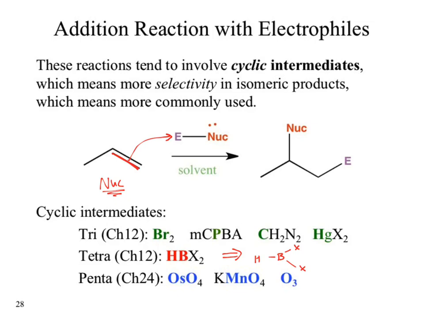So if we look at the structure of our electrophile, it is likely bonded to, in our starting system, something that is highly electronegative. If I look at Br2, I have bromine bound to bromine. What's a characteristic of bromine? It's electronegative. So if one bromine sucks the electrons away, the other one becomes positive.